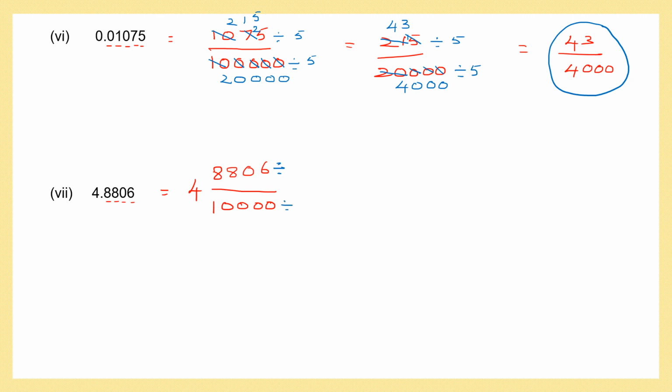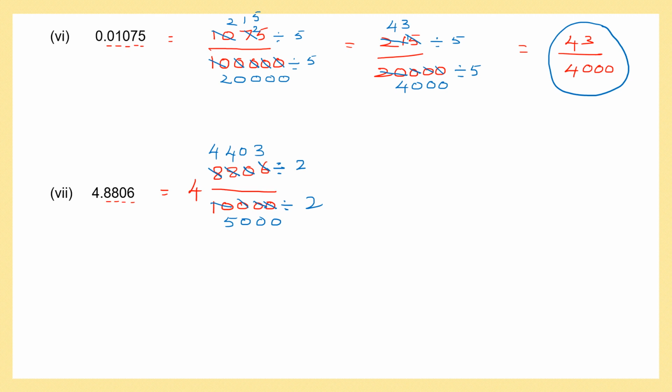Now both are divisible by 2. So let's divide both by 2. 2 fours are 8. 2 fours are 8. Bring the 0. 2 threes are 6. Let's look at the denominator now. 2 fives are 10. Bring the 0, and one more 0.